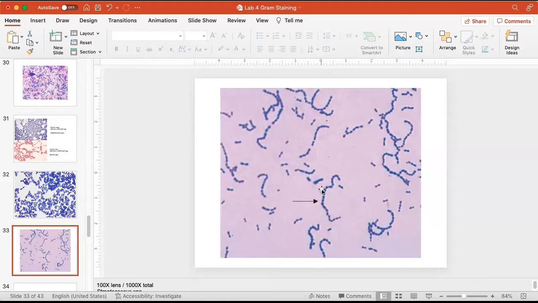They join together end to end. See those? In fact, there are very few that are actually individual. I see a lot of couples. I see a lot of 2-cell chains, 2 cells, 2 cells, and then a lot of these long chains. Okay. Gram-positive coccus.